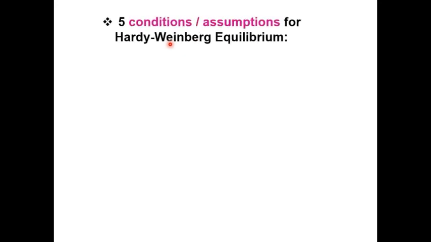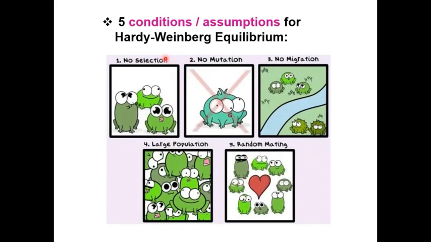Keep in mind that the Hardy-Weinberg law can only be applied when the five assumptions for Hardy-Weinberg equilibrium are followed: no selection, no mutation, no migration, large population size, and random mating.